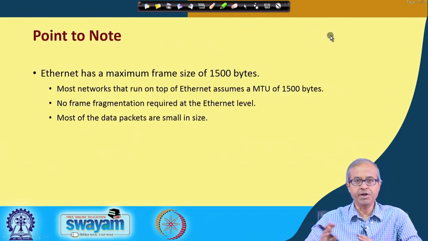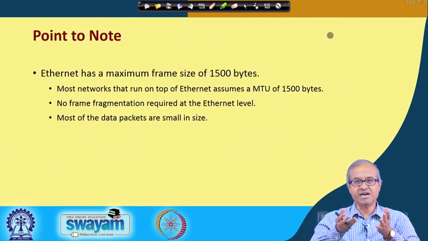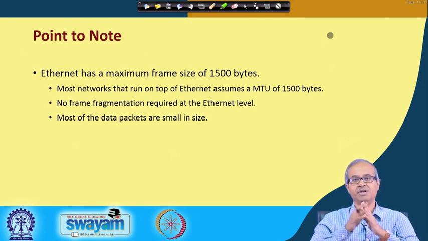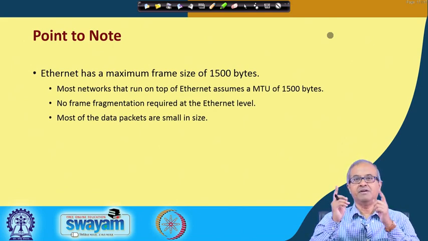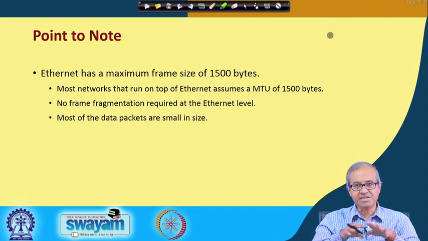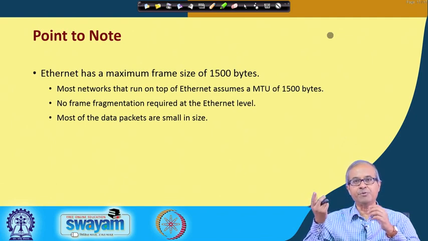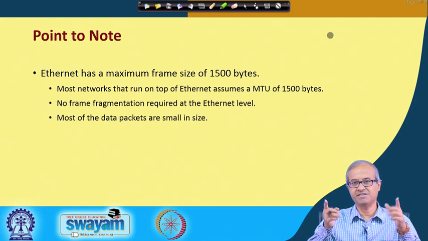So, the point to note is that this IP protocol that we are talking about mostly runs on top of the Ethernet protocol in most of the networks we see. Now, in Ethernet, which is at the data link layer, the maximum frame size is 1500, but the IP protocol can have a packet size of maximum 65,000, approximately 64K.